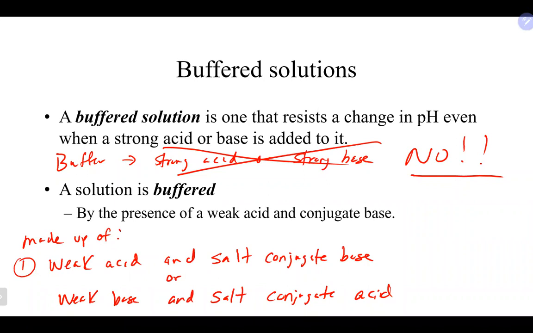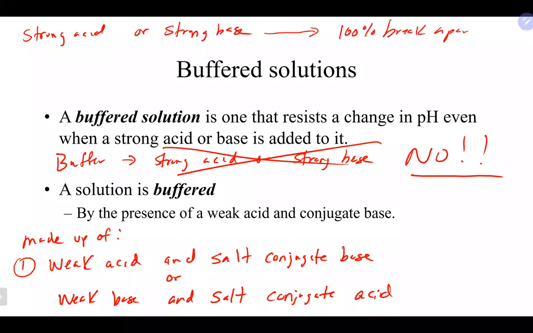When you have a strong acid or even a strong base, when it goes into solution, it will 100% break apart, and you have none of these still there.